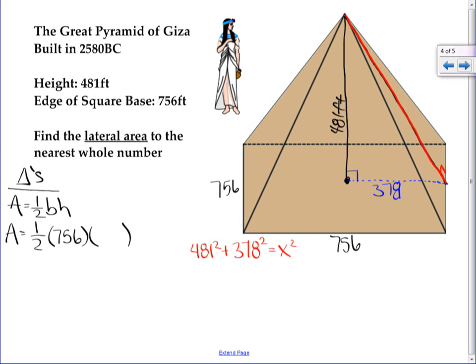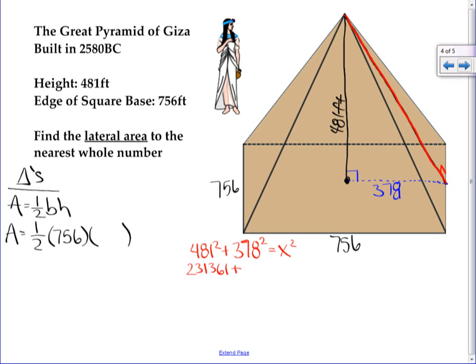All right, what are these two numbers? Help me out. Those of you with calculators, more than one person should be helping. 231,361. Hold on. 231,361.